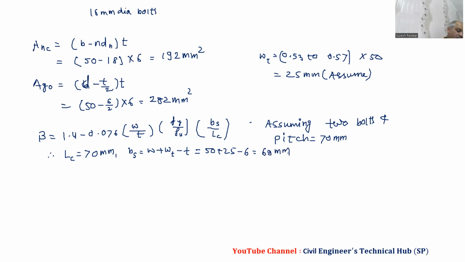So now we know these values. So now we will go for beta. We will substitute all values. We have 1.4 minus 0.076 outstanding leg upon thickness, 250 upon 410, and BS we have 69 upon LC we have 70, and we will get this value 1.02.